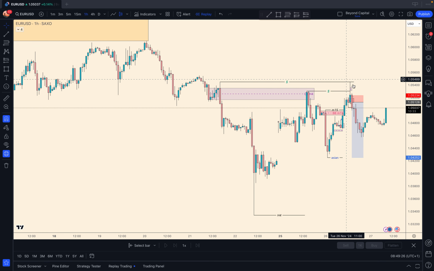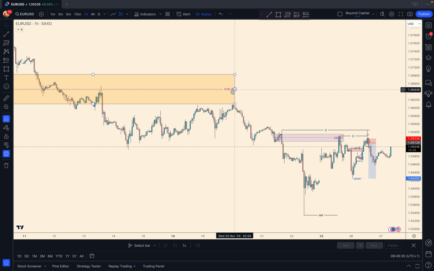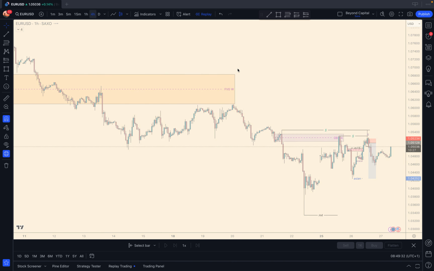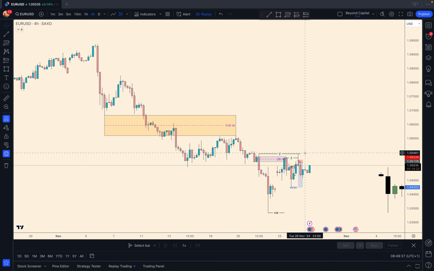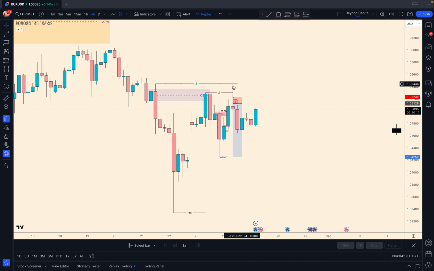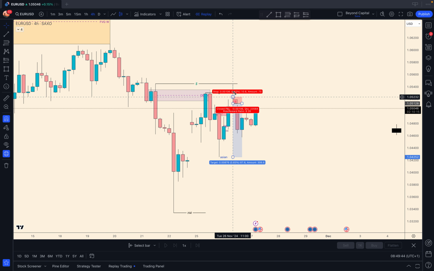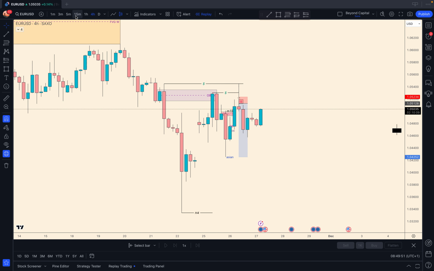So we're gonna break also this 4 hour and, you know, keep on going to this weekly fair value gap. So we're gonna have the reverse on the 4 hour or not. So I'm gonna keep you up to date. There's also this interesting candle here that we already took a trade from. So, you know, there's a few possibilities for today.